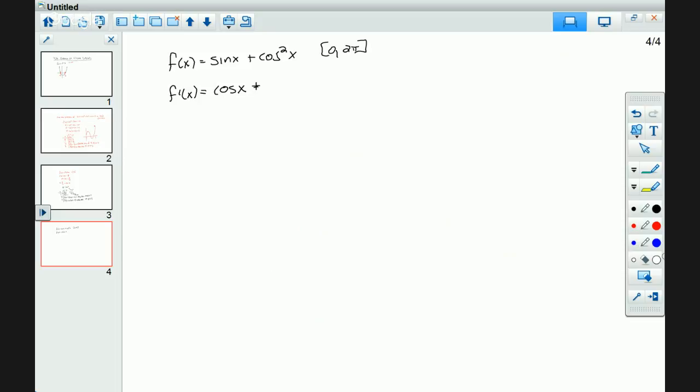I'm hesitating. The chain rule. Okay, so what's the derivative?